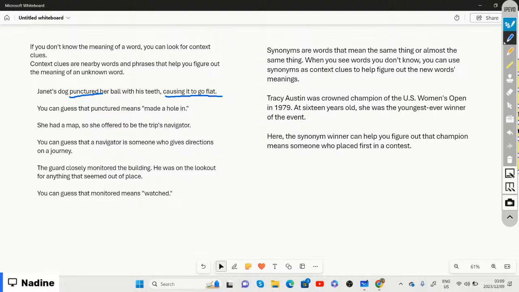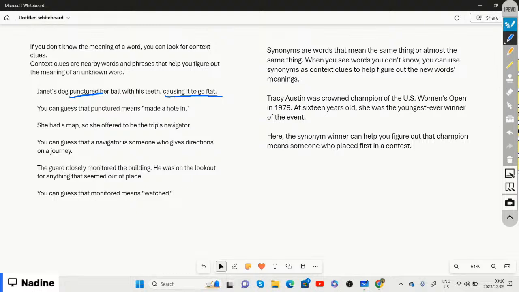So the person usually with the map needs to show directions. So we see that she had a map, so she offered to be the trip's navigator, right? And a navigator is basically someone or something that gives directions.